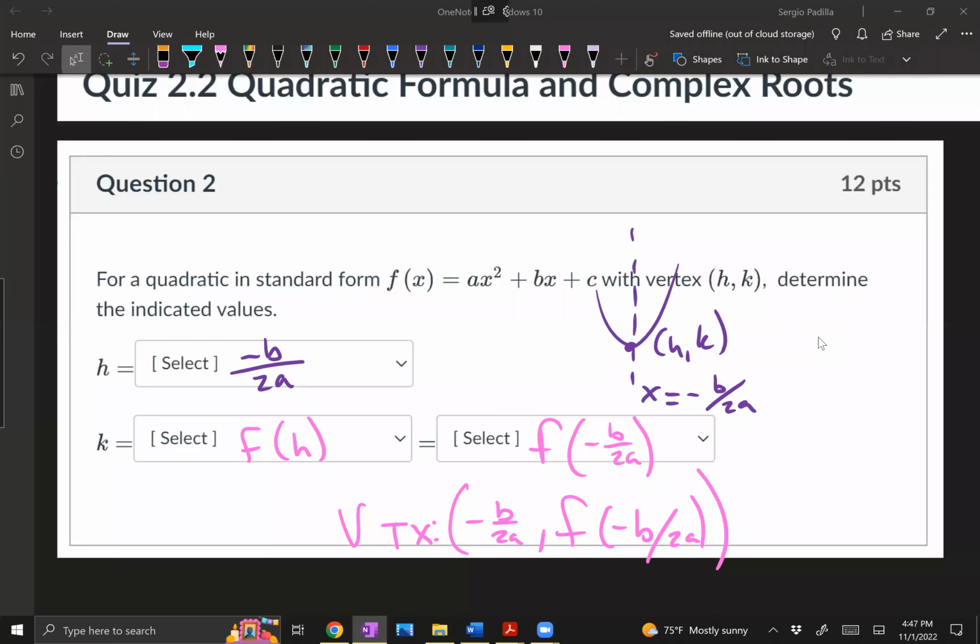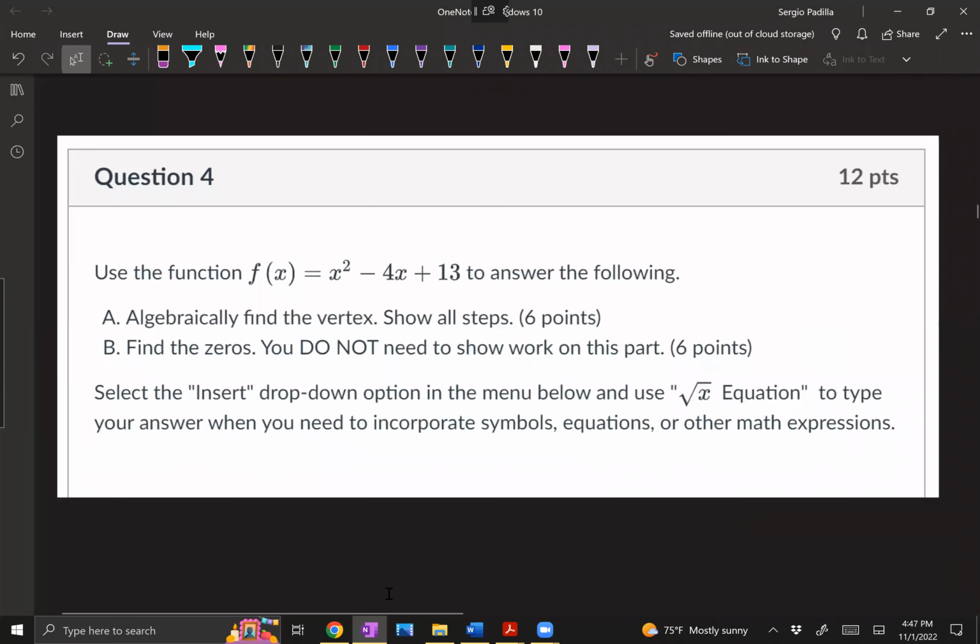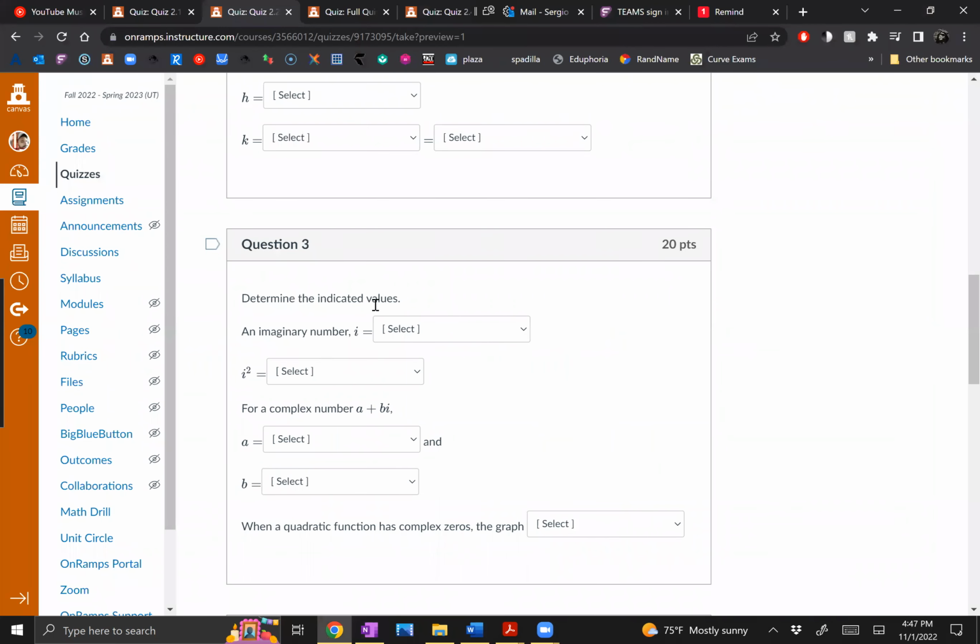All right, so let's move on to another question on the quiz. I'm skipping question 3 because this is just going over some aspects of imaginary numbers that are pretty easy. Remember that the imaginary number i is the square root of -1. i squared is -1. A in the complex number a plus bi is the real part. B is what we call the imaginary part. And when a quadratic function has complex zeros, the graph does not intersect the x-axis.